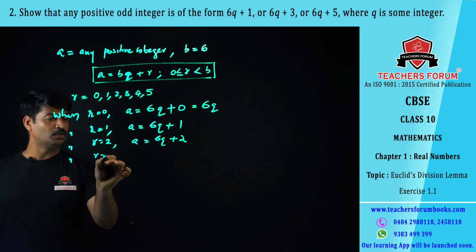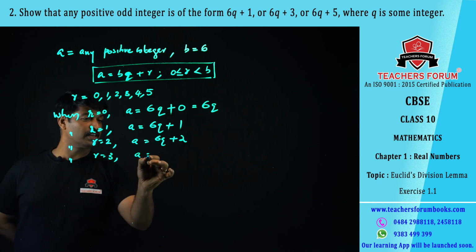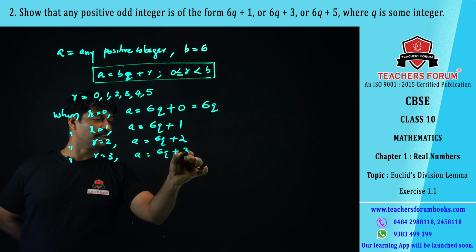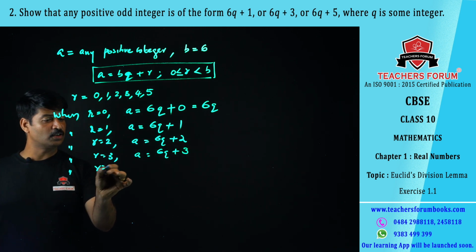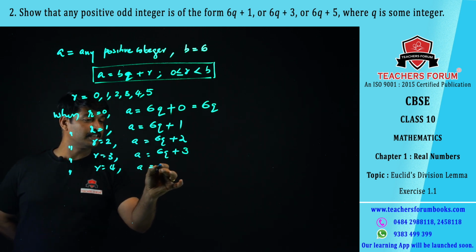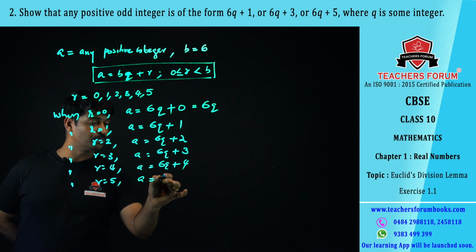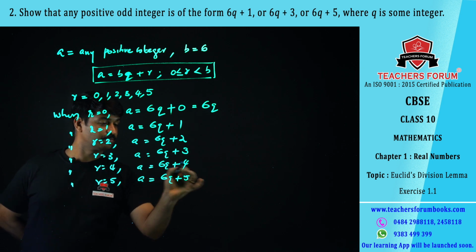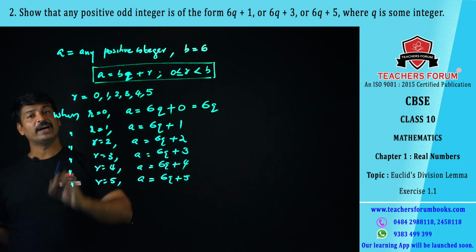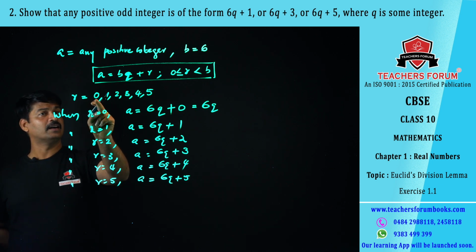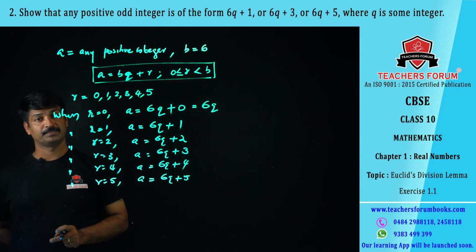When r is equal to 3, a is equal to 6q plus 3. When r is equal to 4, a is equal to 6q plus 4. When r is equal to 5, a is equal to 6q plus 5. So, the possible values of r here are 0, 1, 2, 3, 4, 5.